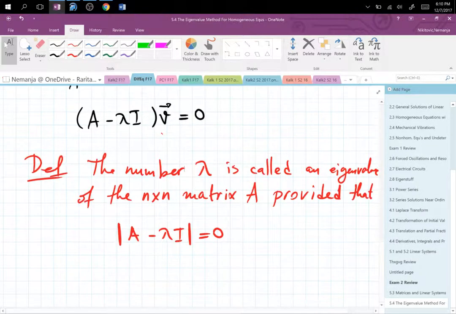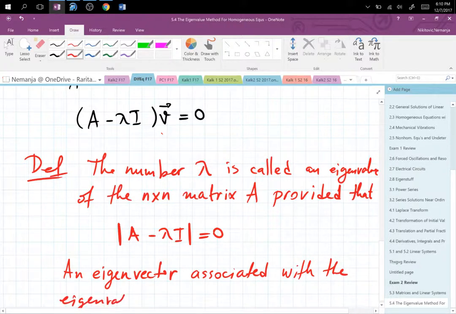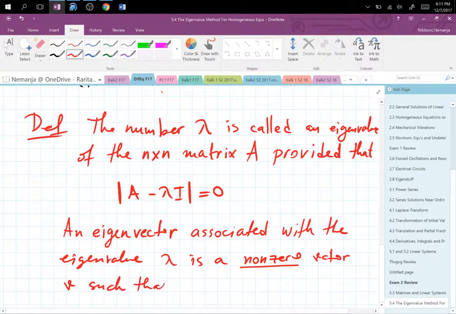And then an eigenvector, so the second part of this, an eigenvector associated with the eigenvalue lambda is a non-zero, important, so it's non-zero vector v, such that Av is equal to lambda v.